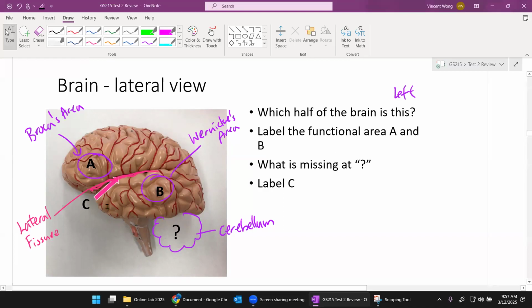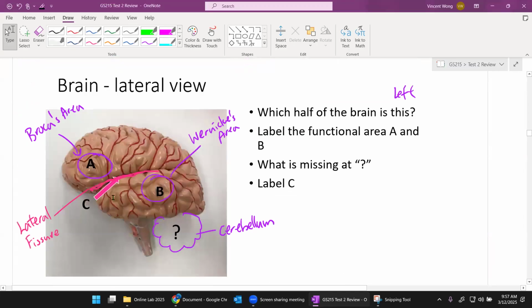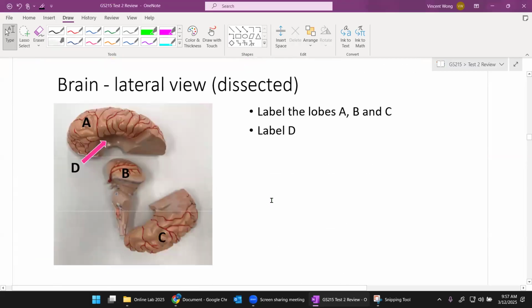All right, next one. It's like taking this thing, but then separating the different parts, right? A again is the frontal lobe. D, you can see from this view a little bit better perhaps, is once again the lateral ventricle, the one on the left anyways.